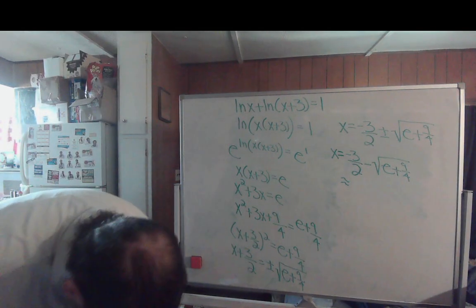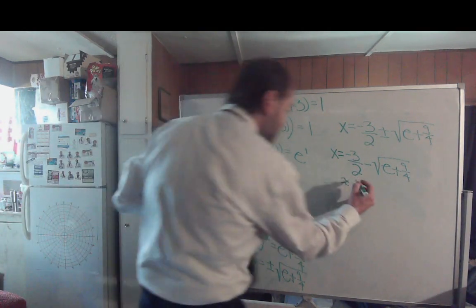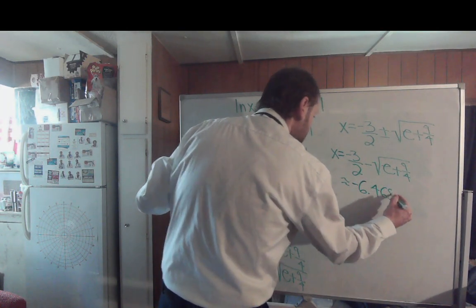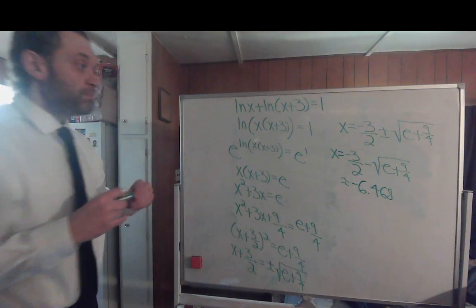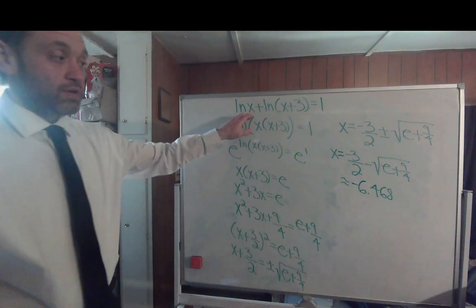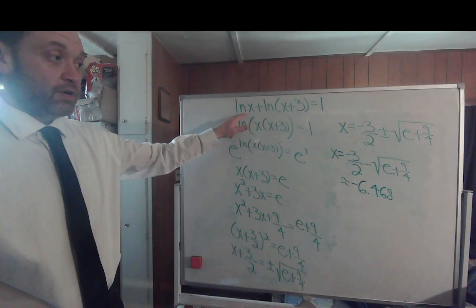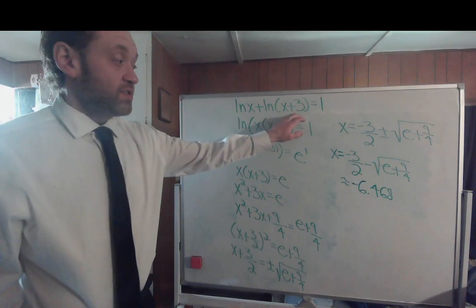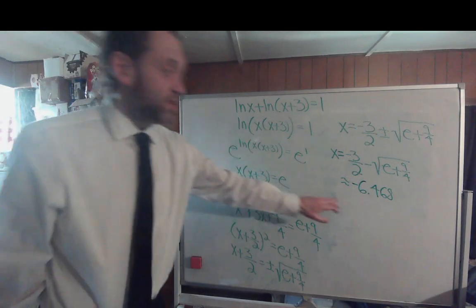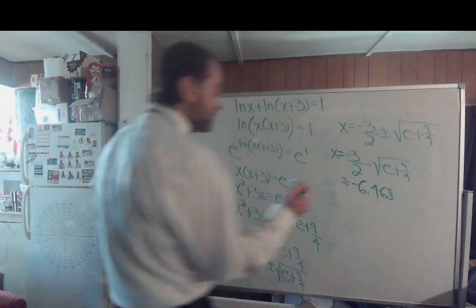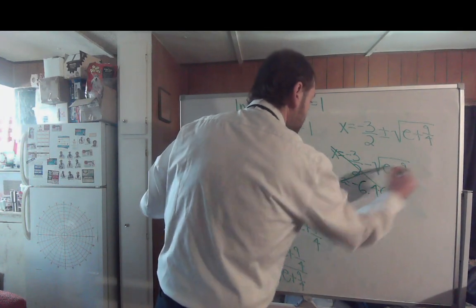So you would end up with about -6.468. So go ahead and put that into your logarithms. It definitely doesn't work on the first term. You'd have the log of a negative number. And even if you add 3 to it for your second term, you'd have -3.468, which still doesn't work. So this solution goes bye-bye.